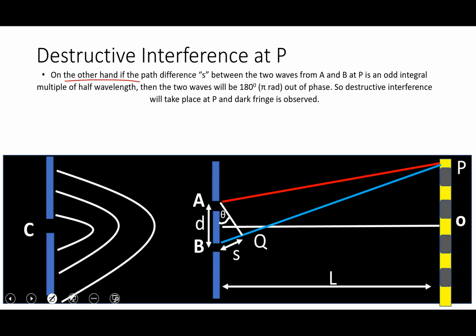On the other hand, if the path difference S between the two waves from A and B to P is an odd integral multiple of half a wavelength, then the two waves will be 180 degrees or pi radians out of phase. So destructive interference will take place and a dark fringe will be observed.